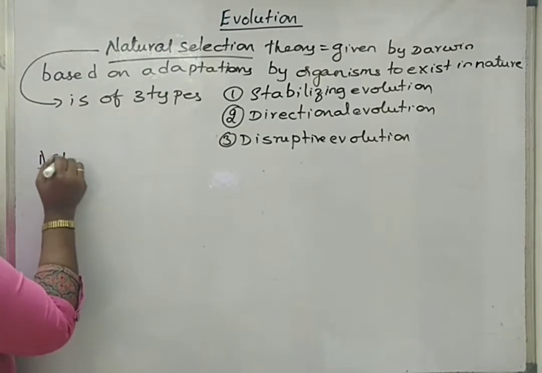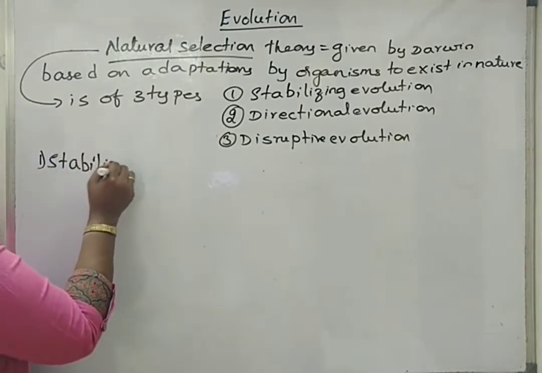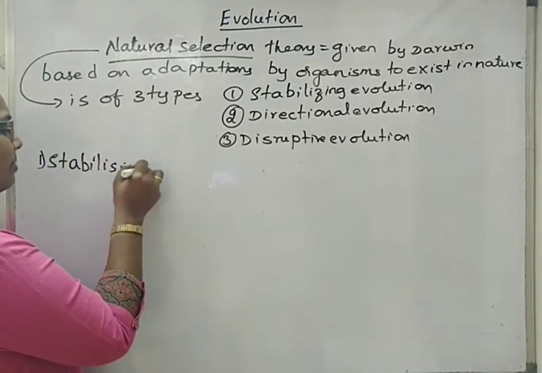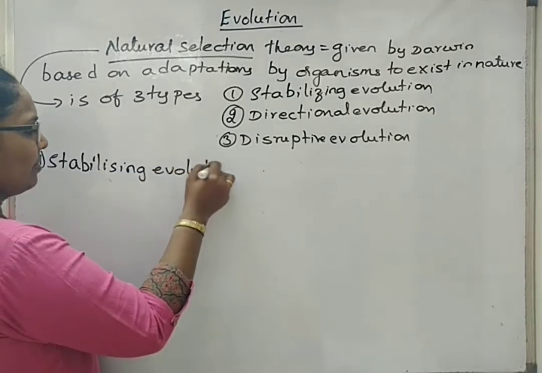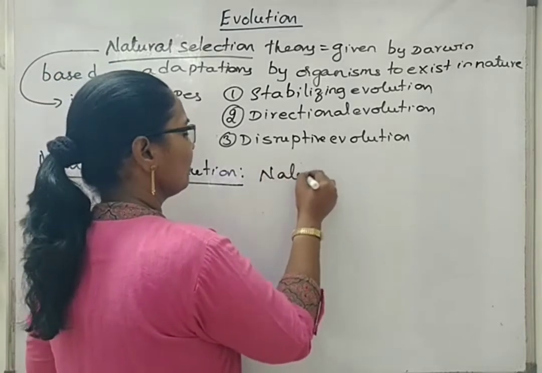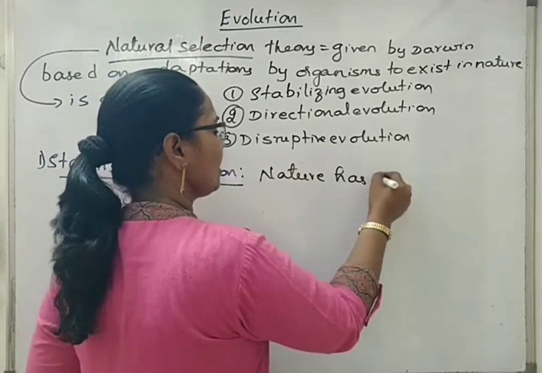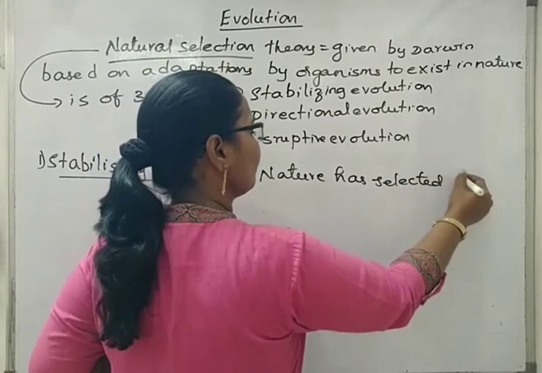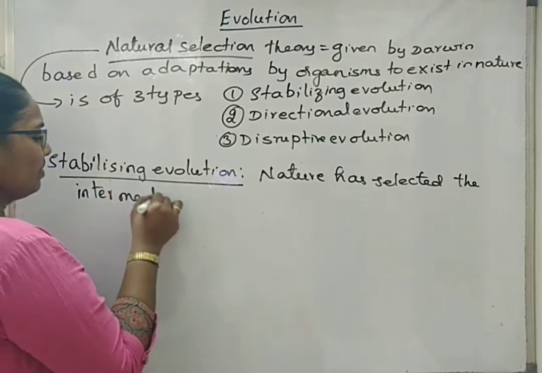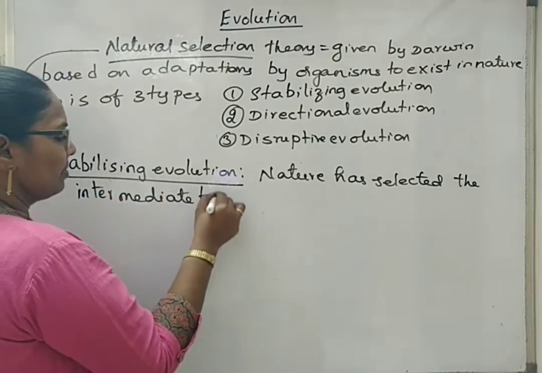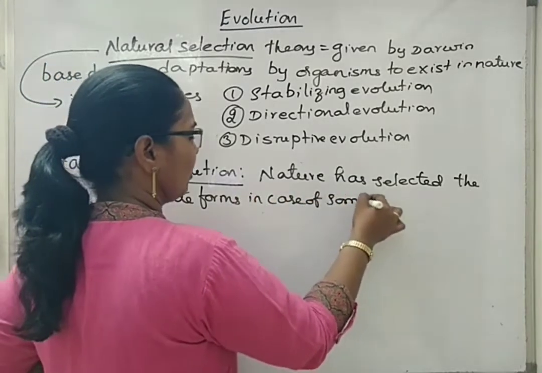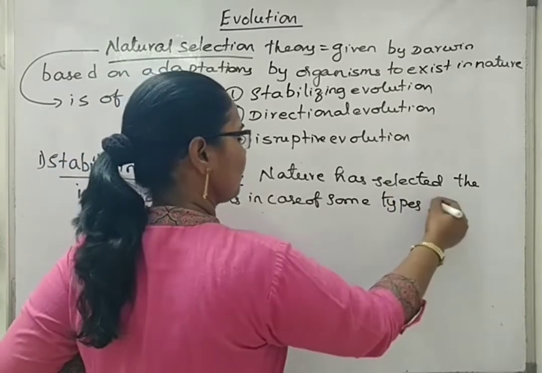So the first one, stabilizing evolution: nature has selected the intermediate forms in case of some types of organisms.